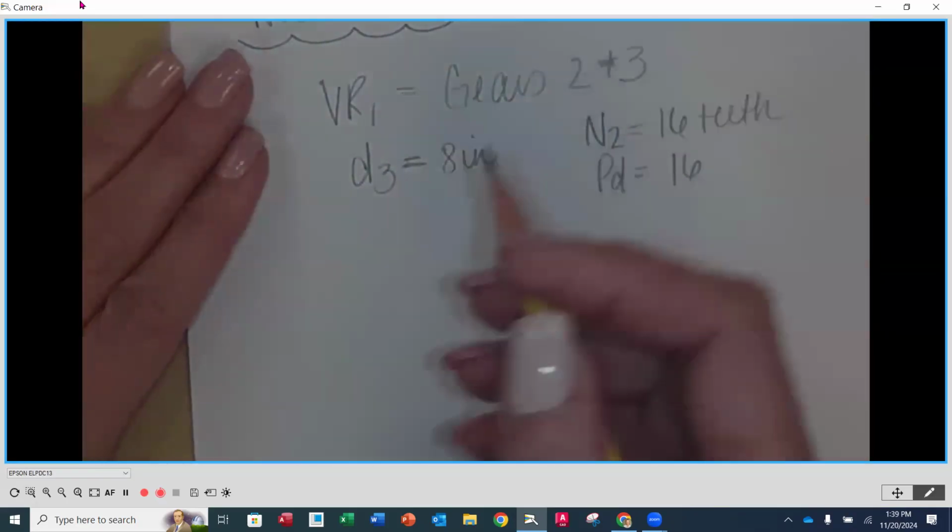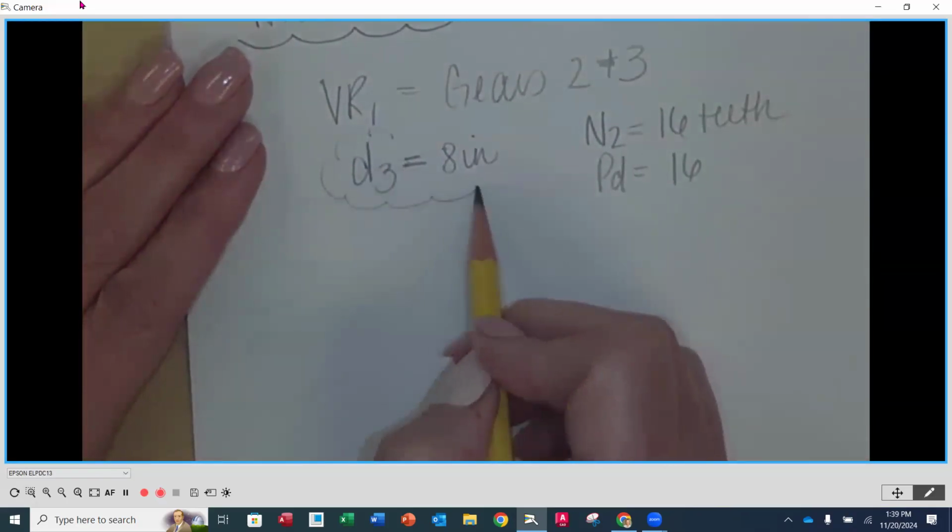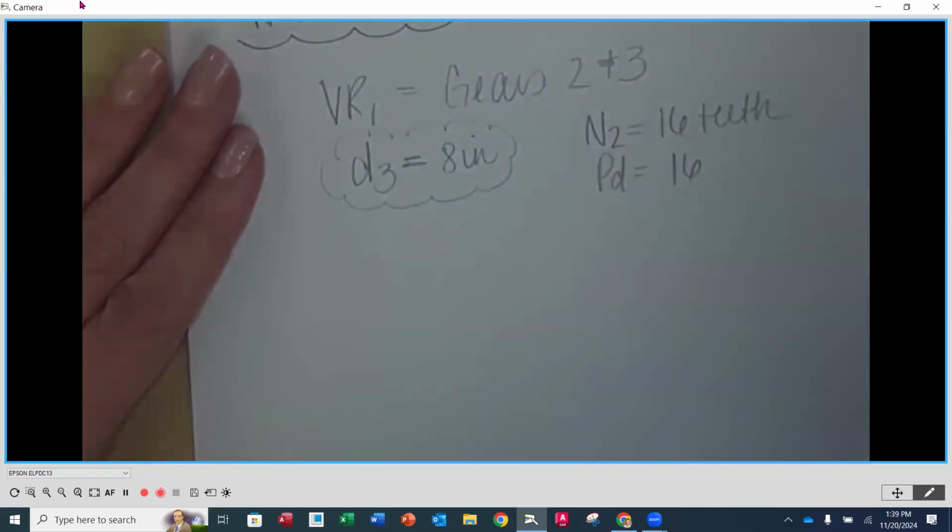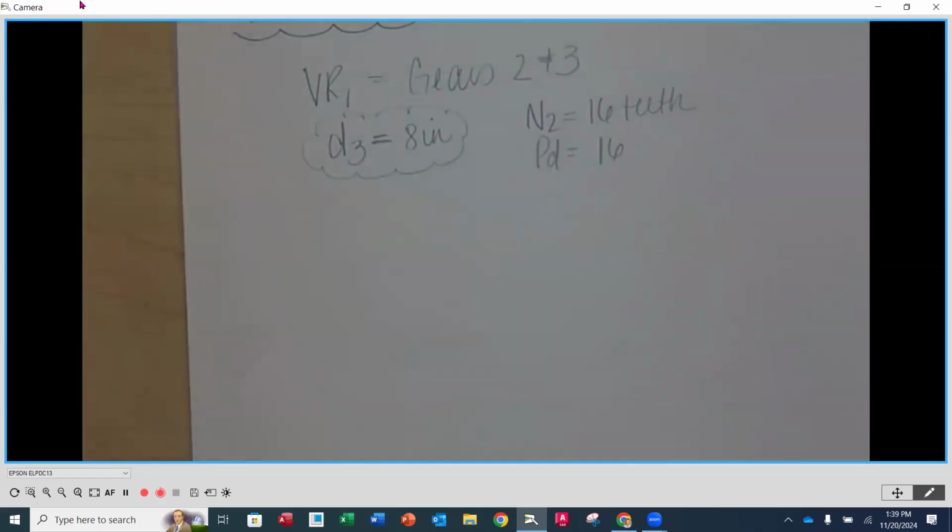Okay. So we need to calculate. I'm going to put my little cloud around D3 because we have that one already, but we need to calculate the pitch diameter of gear number 2. So go ahead and find the pitch diameter. Use your equation sheet and we'll compare in just a bit. So I'll give you a chance to write down.